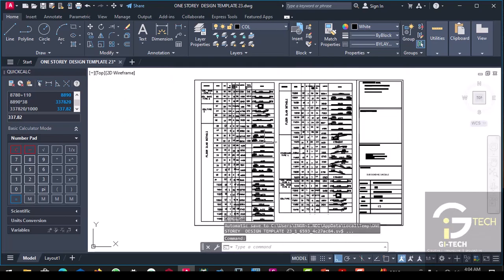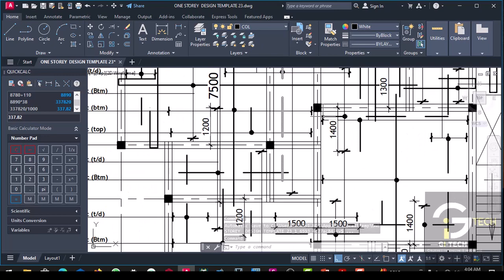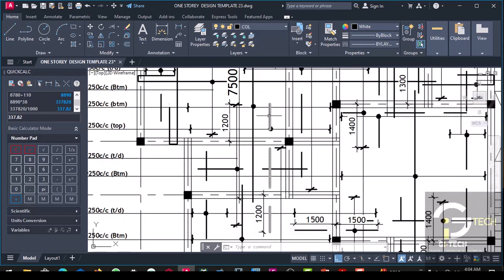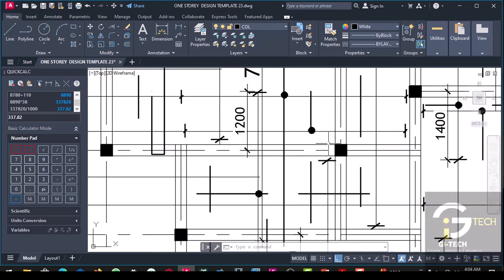So let's look at it. It's actually a straight bar, which is this one here. We have already calculated the length of the top bar from the center of this beam.